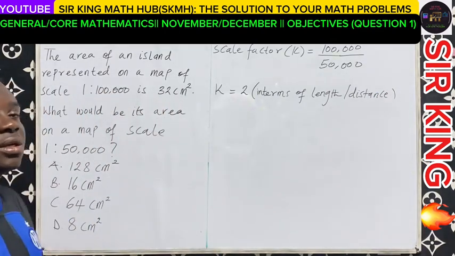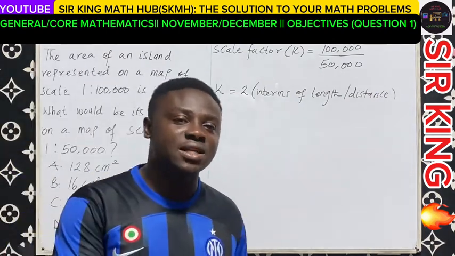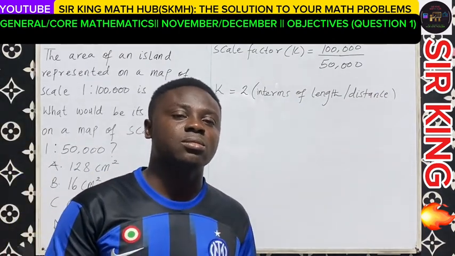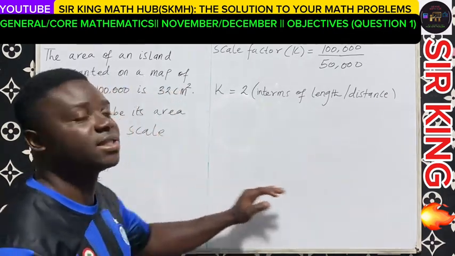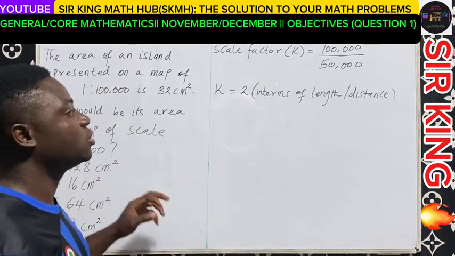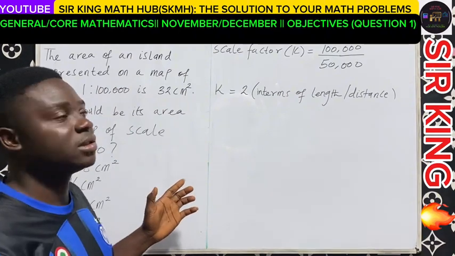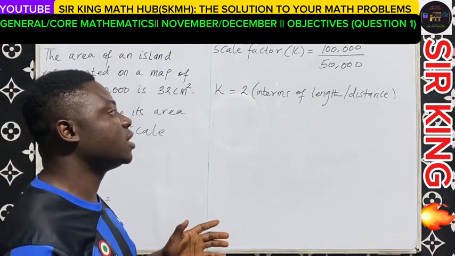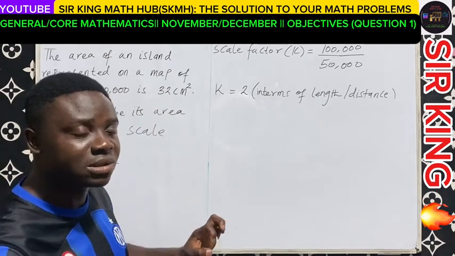We said that the scale shows the relationship that exists between distance on the map to the actual distance on the ground. So in terms of length, the second map shows 2 times details than the first map. That is in terms of length.